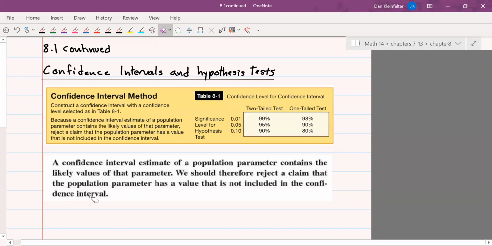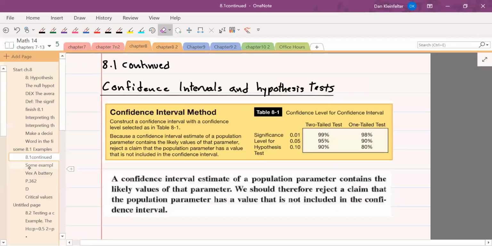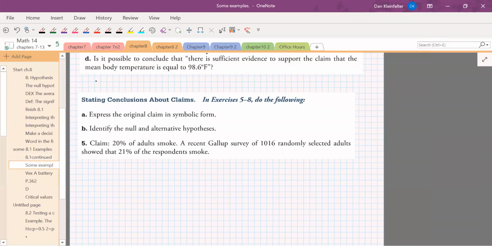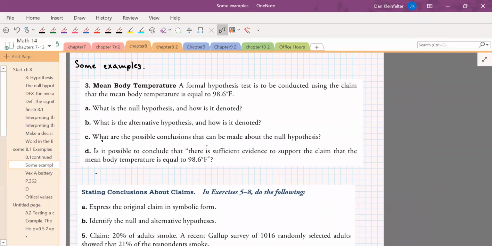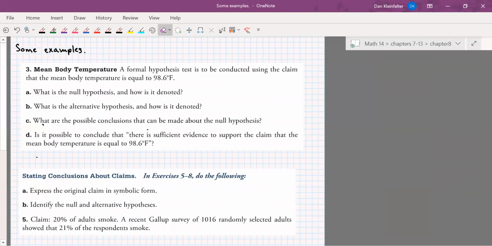So you could calculate a confidence interval and then, based on whether or not that interval contains whatever the hypothesized value is, use that as a basis for either rejecting or failing to reject the null hypothesis. All right, so just a couple of examples of different parts of calculating or doing a hypothesis test.